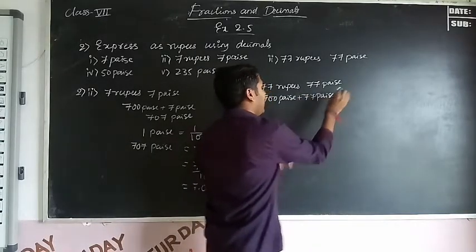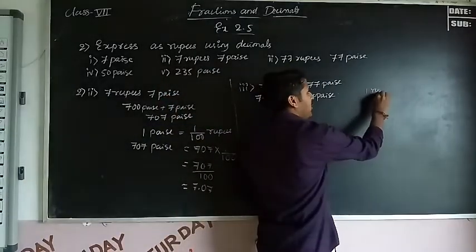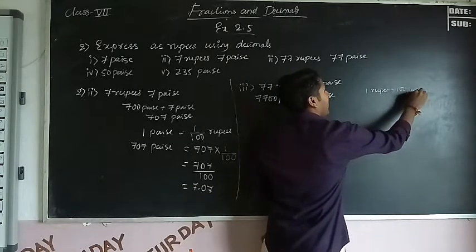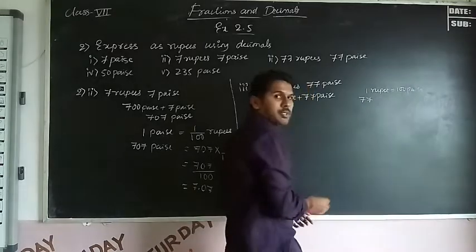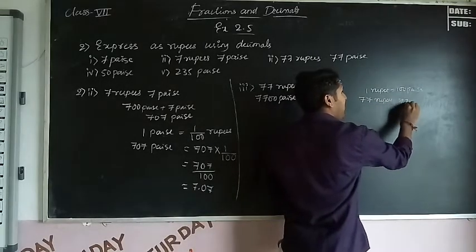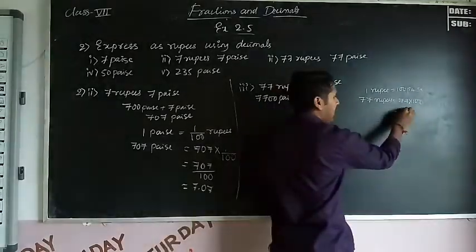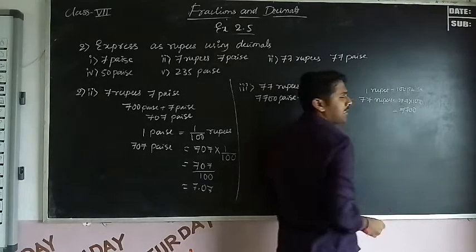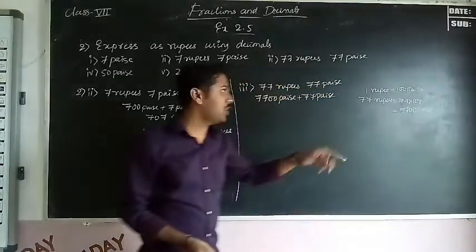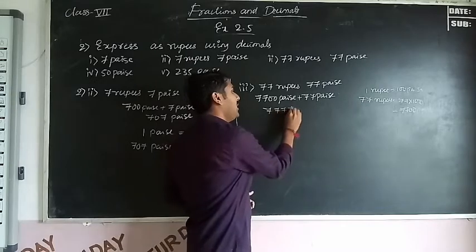How to write this? 77 rupees into paise: 1 rupee equals 100 paise, so 77 rupees equals 77 into 100. What will be the answer? 77 into 1 is 77, with 2 zeros, so 7700 paise. This is the conversion. What is the total? 7777 paise.